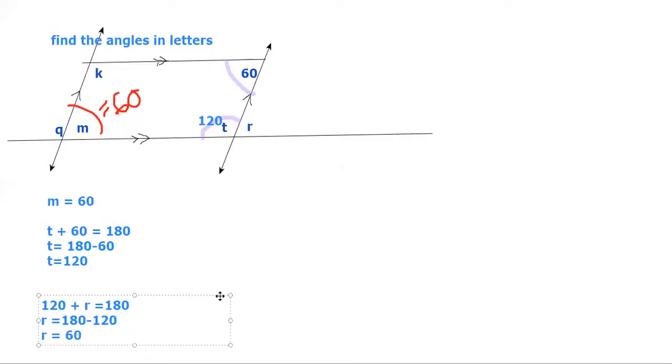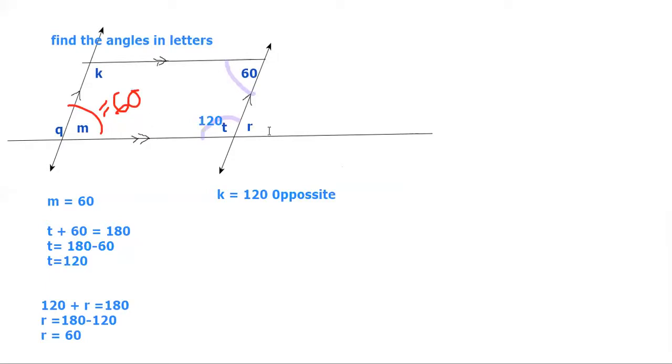So there's nothing here to worry about. What about K? K is easy. K equals 120, because they are opposite. And then M, remember M was equal to 60 because they're opposite.